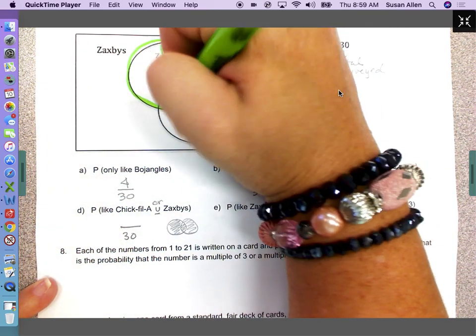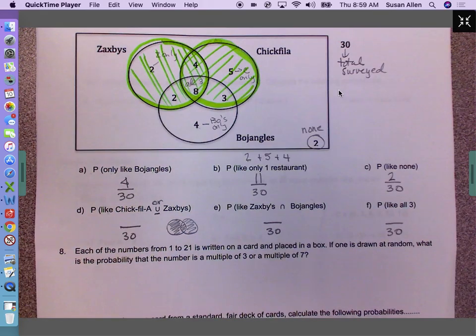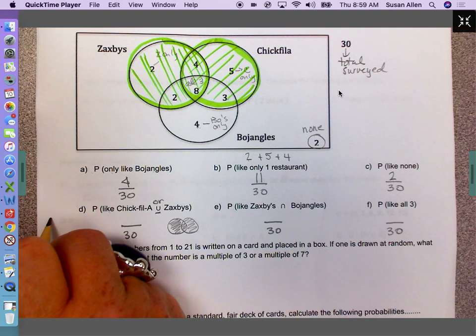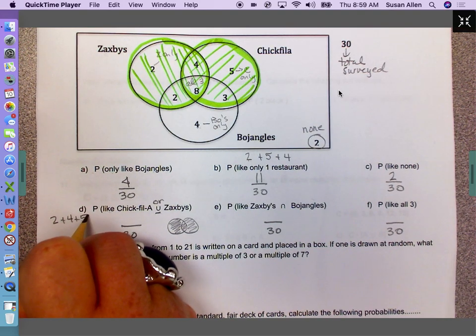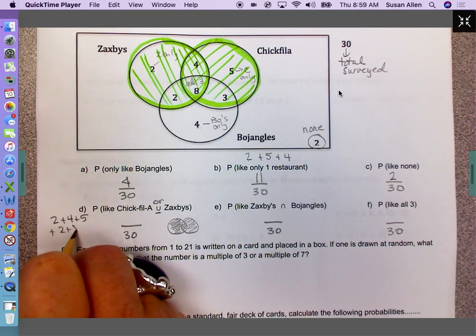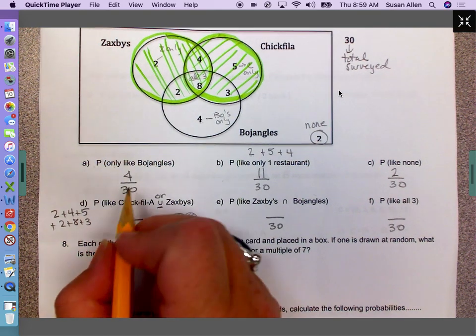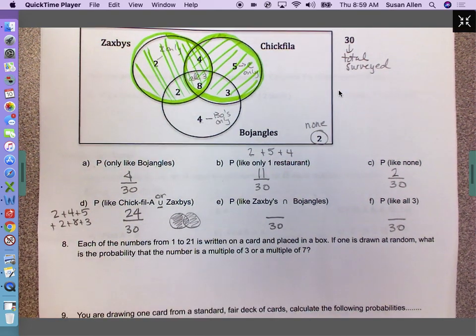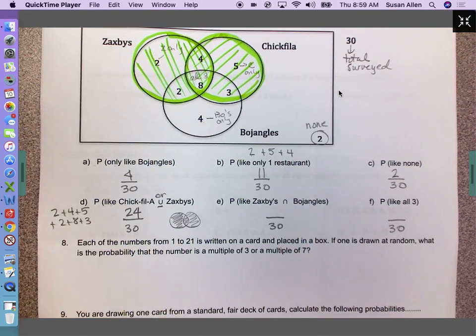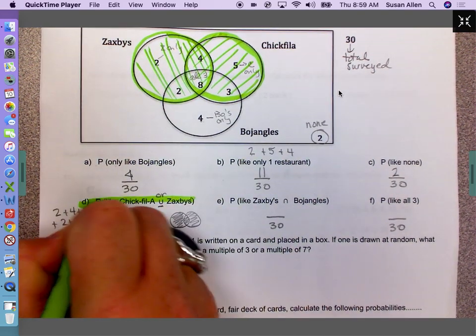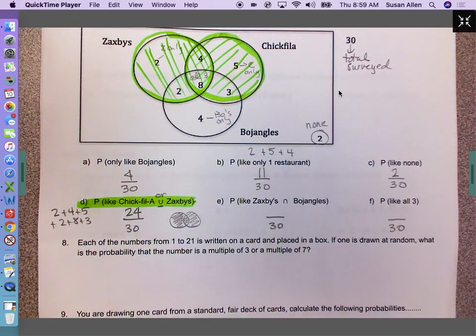All of these. So that means I need to total up all of these numbers here. So I'm going to add 2 plus 4 plus 5 plus 2 plus 8 plus 3 all together. And when I do that, I get 24 out of 30 that like Chick-fil-A or Zaxby's. So I'm going to highlight this in green so you'll be clear that what I did in green matches problem D.